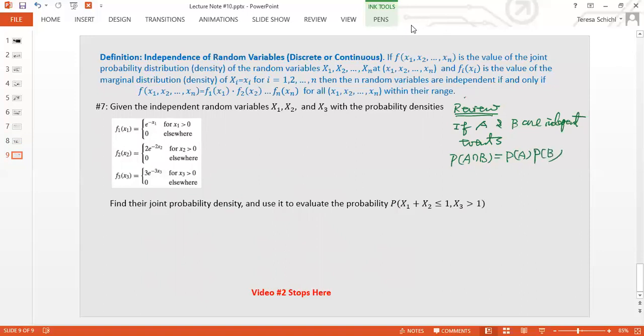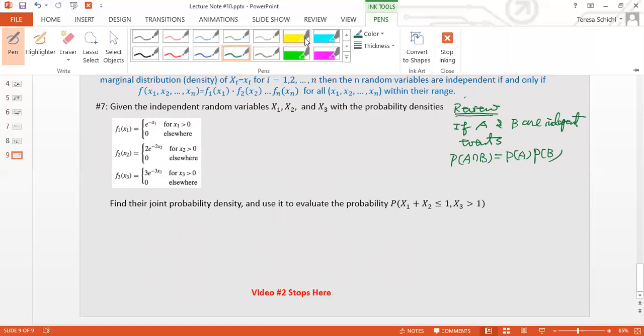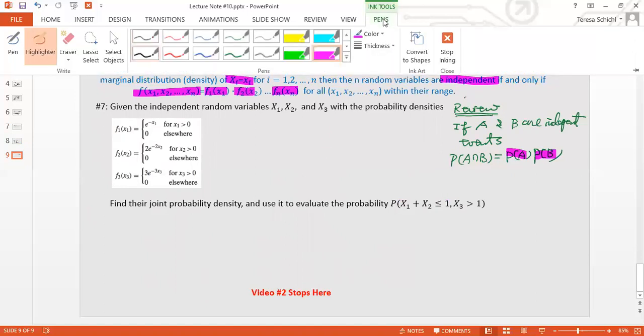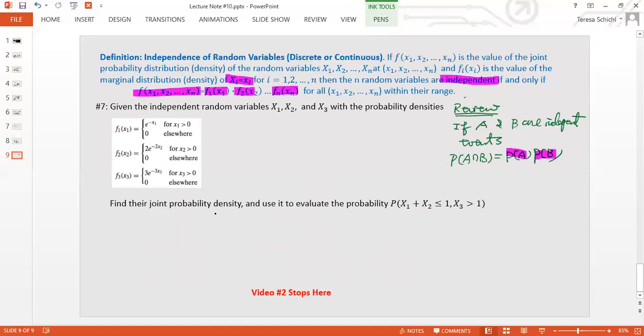So let's say if X1, X2, up to Xn are independent random variables, then your joint PDF will be equal to the product of each individual one. It's the same thing here, right? You multiply each probability. Cool?